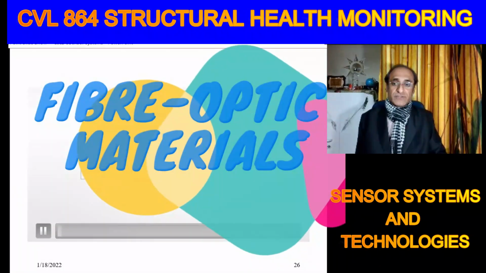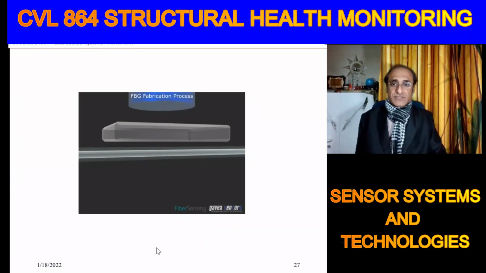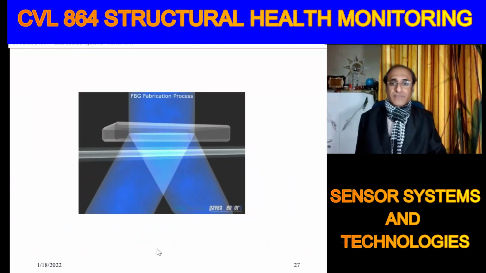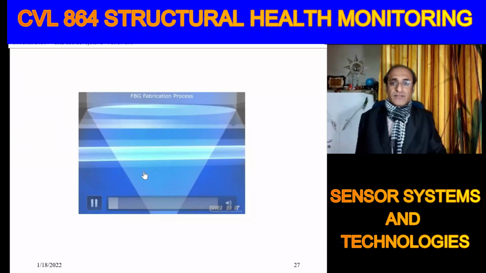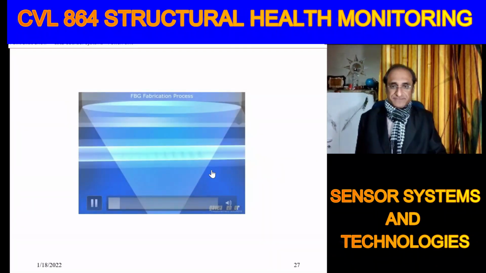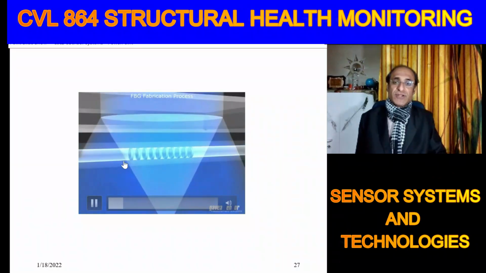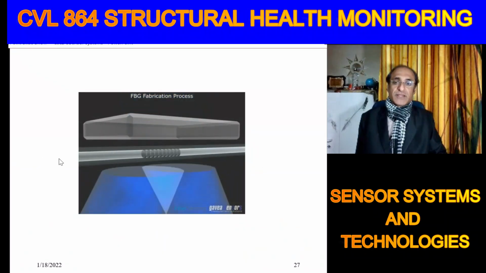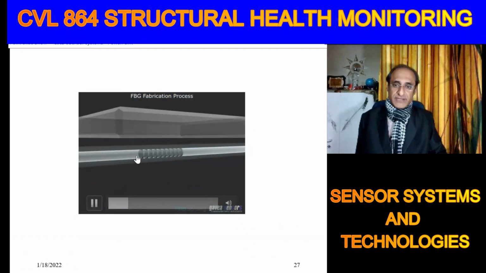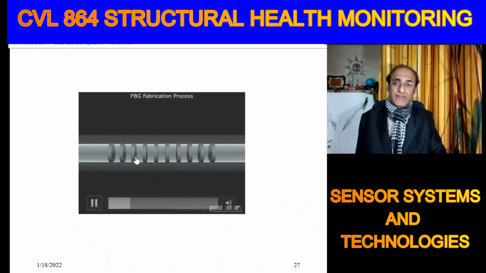And now we just see here optical fibers. Basically here, by a UV radiation process, these kind of gratings are created, and these gratings act as filters. If we are passing light from one end, what will happen?